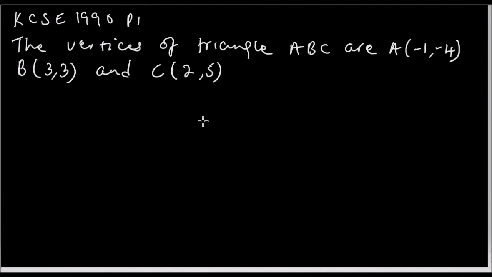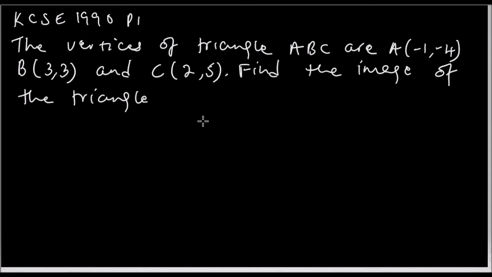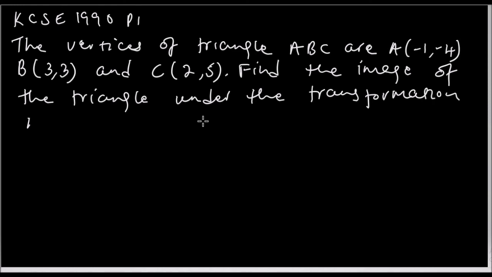Find the image of the triangle under the transformation whose matrix is 4, minus 2, 6, and minus 3.